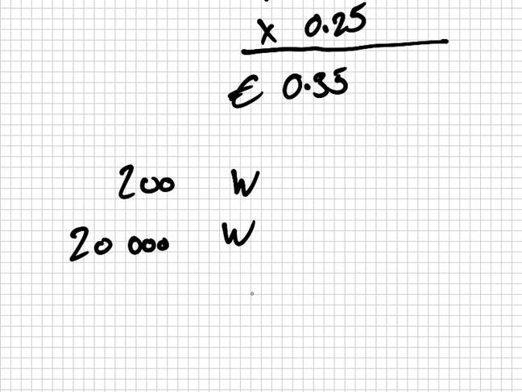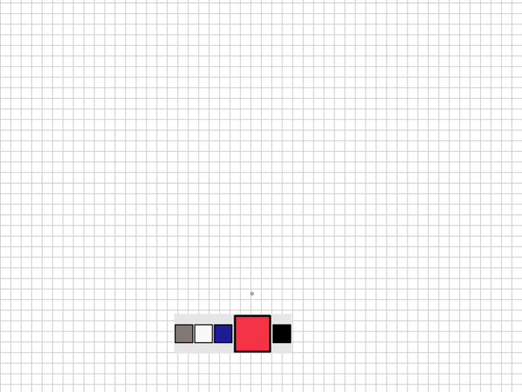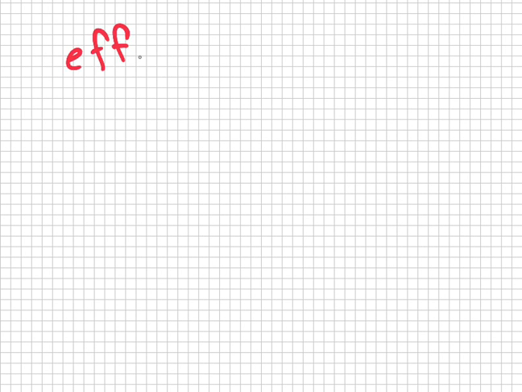Okay. So we're talking about home, so I need to also talk about efficiency. Okay, so we have a formula here. This is the symbol for efficiency. Does anyone know this word, efficiency?